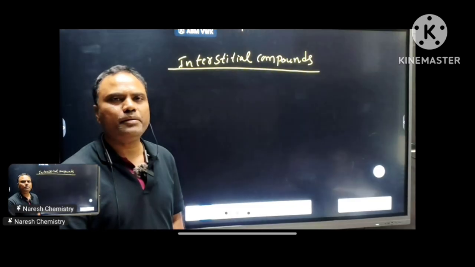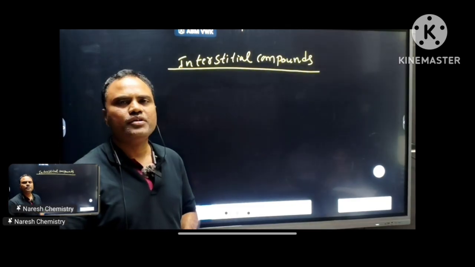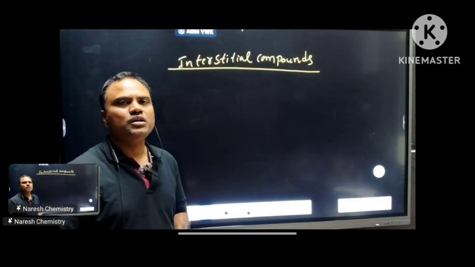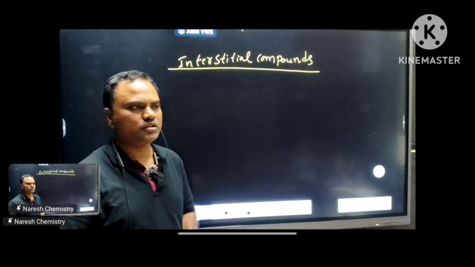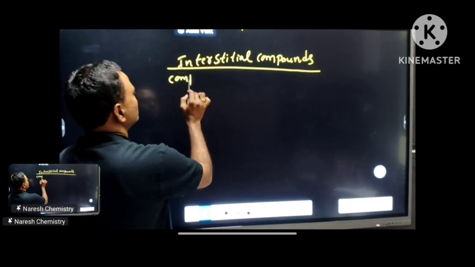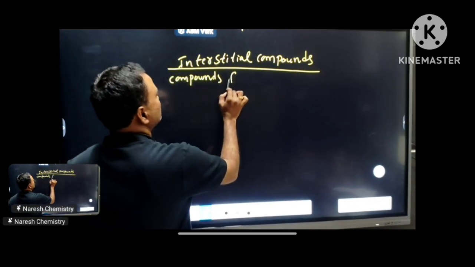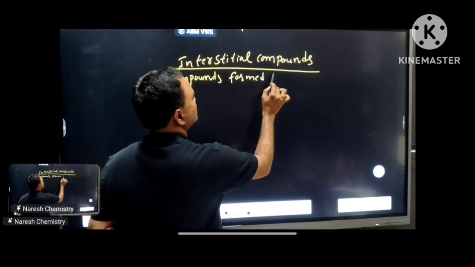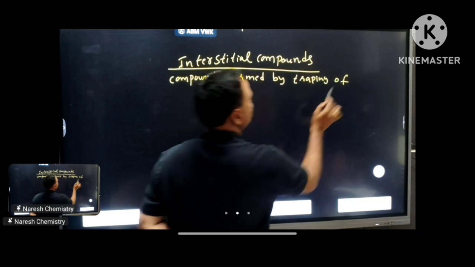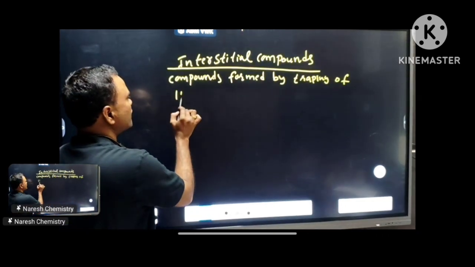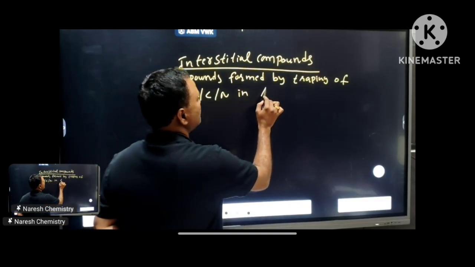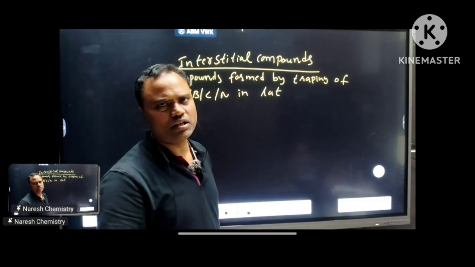trapping of small atoms like hydrogen, boron, carbon, nitrogen in the lattice sites of d block metals. Compounds formed by trapping of smaller atoms in lattice sites or interstitial sites.